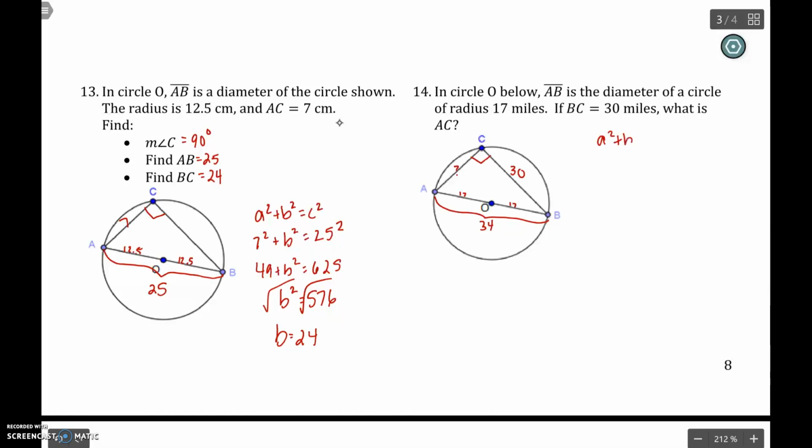Again, because I now know by Thales' theorem that I have a right triangle, I can plug all of my values in, making my hypotenuse 34. And I can solve that out. So 30 squared is 900. 34 squared is 1156. When I subtract the 900 from both sides, I get 256. And then when you square root both sides, you're going to get 16. And so AC is 16.